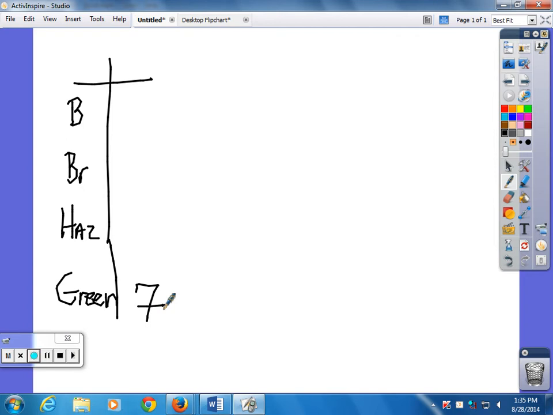How many have hazel eyes? Raise your hand. You ain't got no hazel eyes. 1, 2, 3, 3. Okay. How many have blue eyes? 1, 2, 3, 4, 5, 6. Why did I ask for those 3 before brown? Because the rest of us have what? Brown.